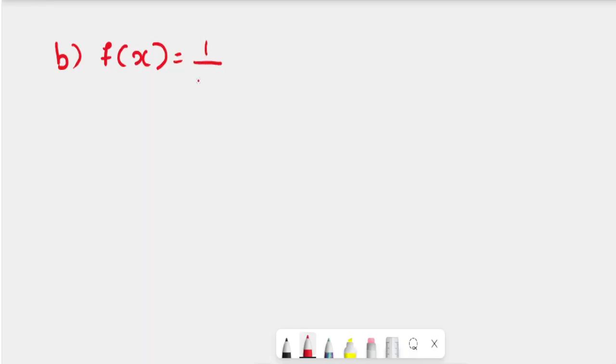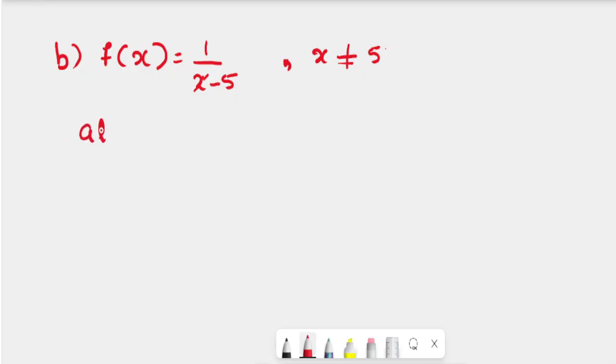So the second question is, we have to check the continuity for the function f of x equals 1 by x minus 5, where x is not equal to 5. Here also we can check for all real numbers.